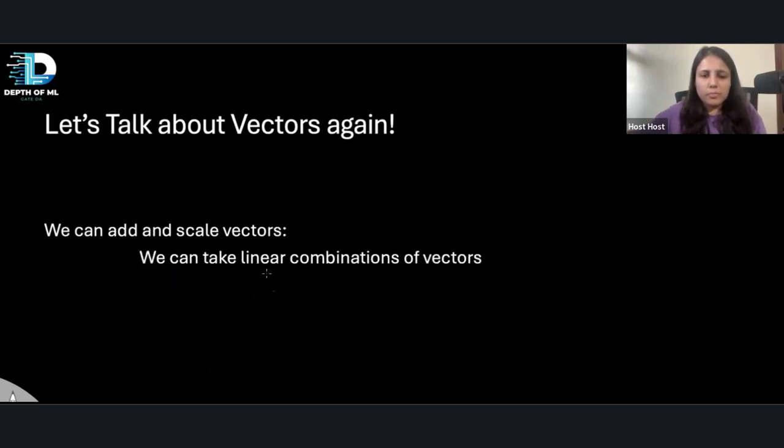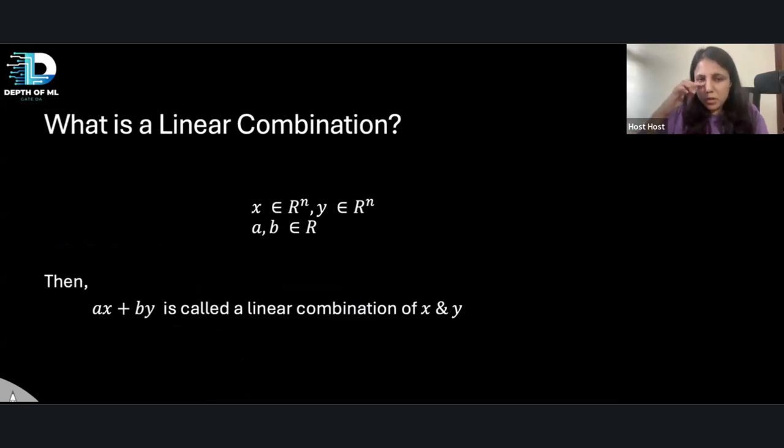Now, when we were adding and scaling these vectors, we were actually taking the linear combination of the vectors. So let me formally define what a linear combination of vectors is.